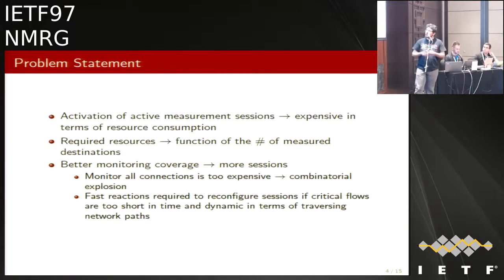Besides that, when you have to monitor all connections in the network, it's usually too difficult to do because you need a lot of resources, and also you need some fast reactions when you have changes in the dynamics of the traffic of the network in order to change the configuration of your probes to capture this new state of the network.